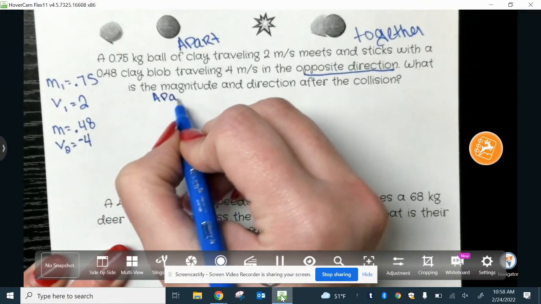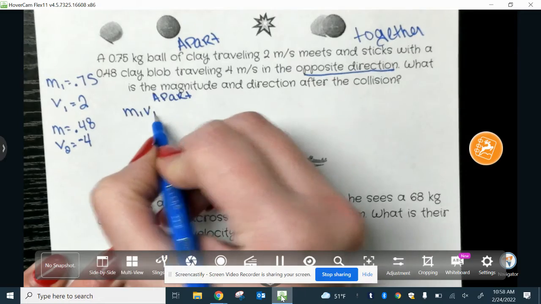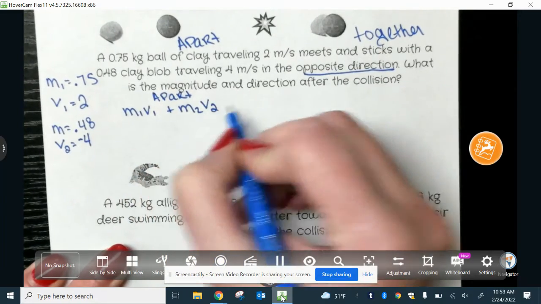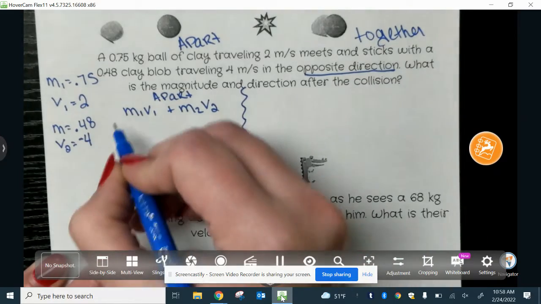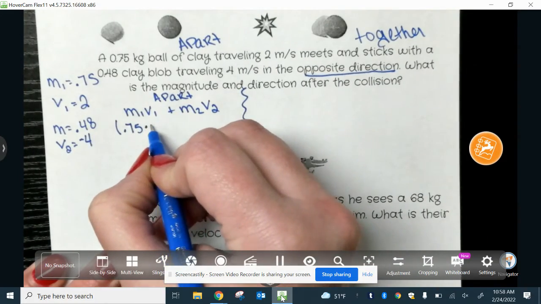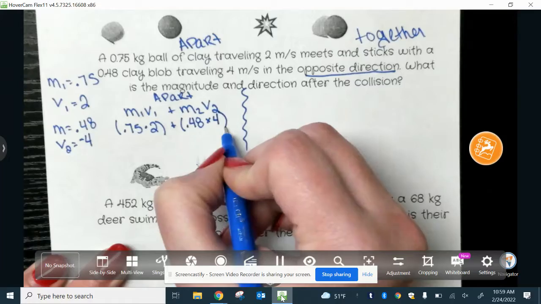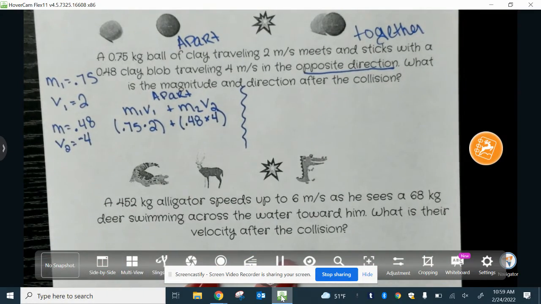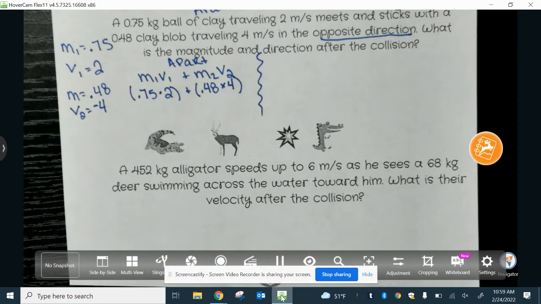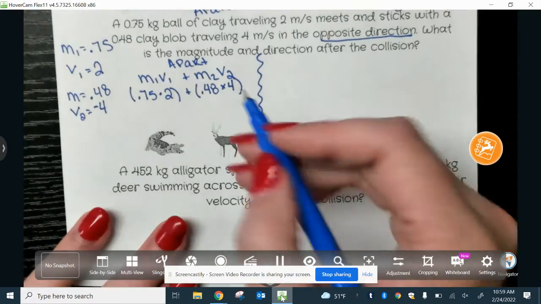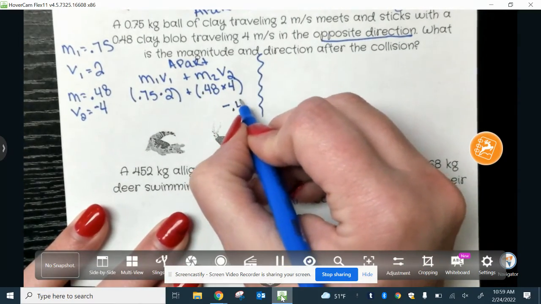So since this is apart, what is my momentum before the collision? Negative 0.42.